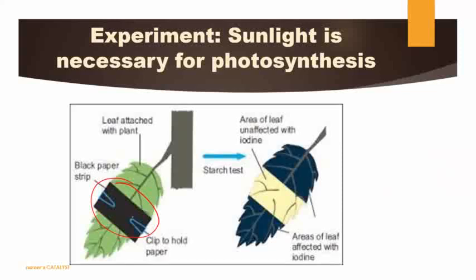This part of the leaf is not colored blue-black. This part is colorless, and the remaining part turned blue-black. This shows that in this part no starch is present at all. In the remaining portion, it turns blue-black, which means starch is present, so photosynthesis was completed by this part.